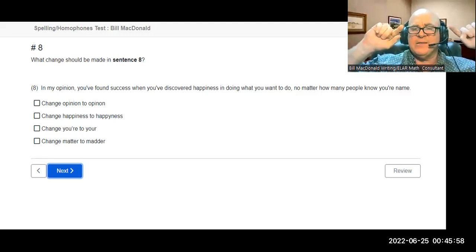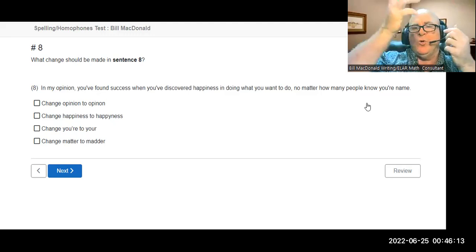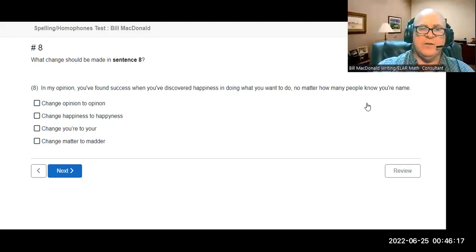Since that doesn't sound right, when I separate the contraction, I automatically was able to say, oh, on this one, even though you would say your name, did you make your kids toss the imaginary ball for the contraction? Your, as in you are name doesn't make sense. So we're going to change your to your.